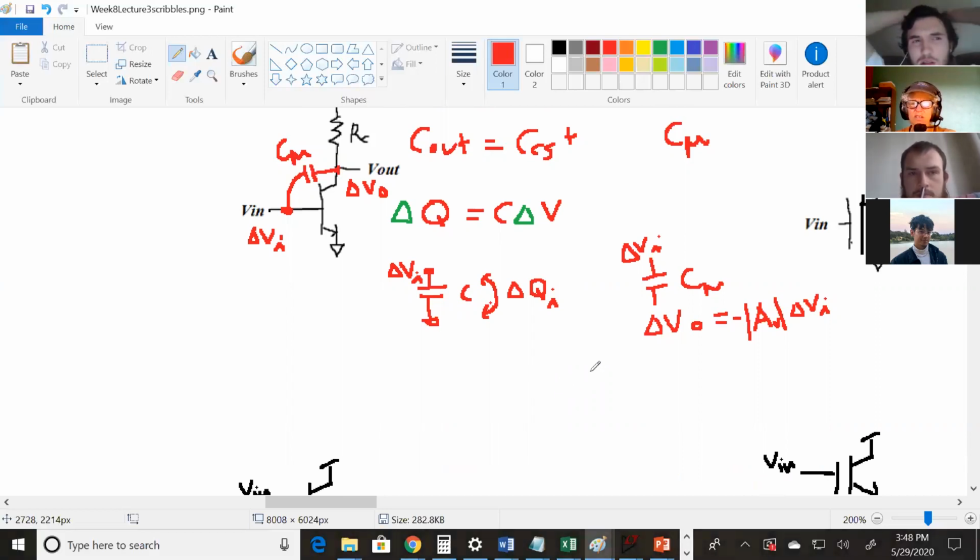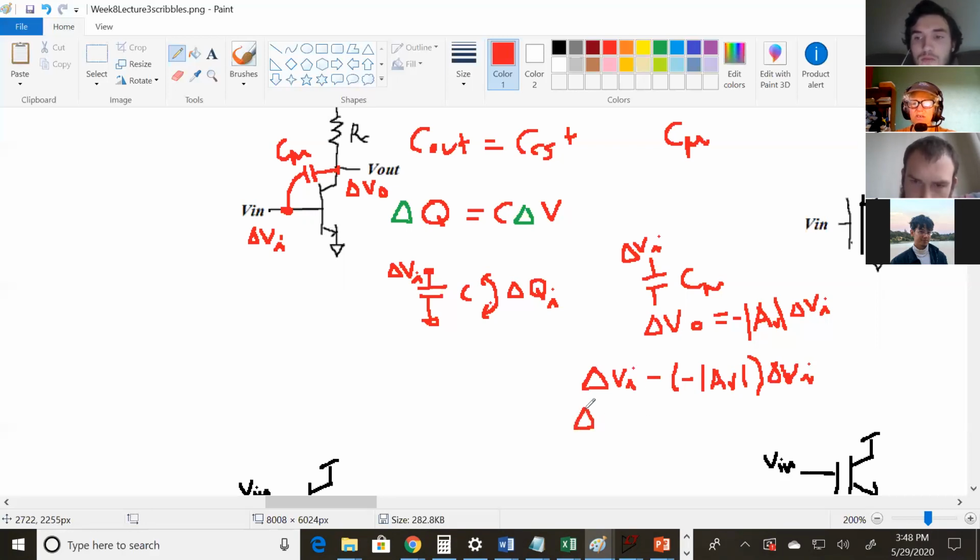Okay, but what's delta VO? Negative AV times delta VI. And if you get rid of the minus signs and factor out a delta VI, you get delta VI times 1 plus AV.